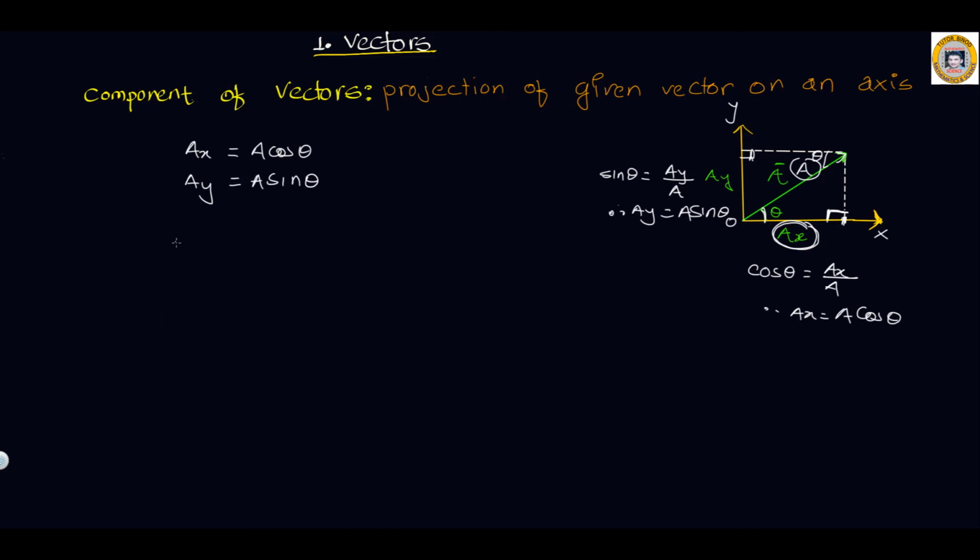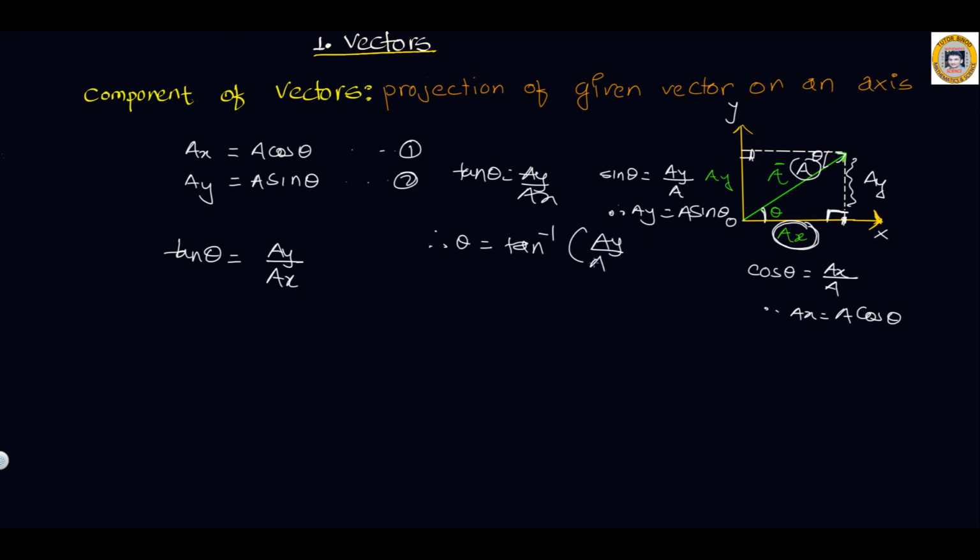You can also find tan theta, which is perpendicular over base. Perpendicular is equal to Ay, so my tan theta will be Ay over Ax, or simply you can divide equation 2 over equation 1 to get tan theta equal to Ay over Ax, and your theta will be tan inverse of Ay over Ax.